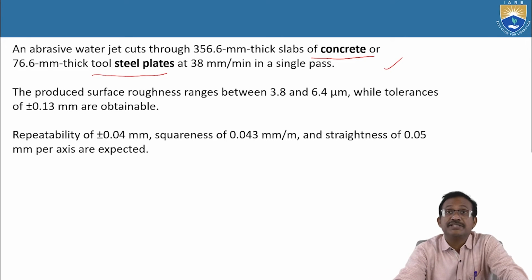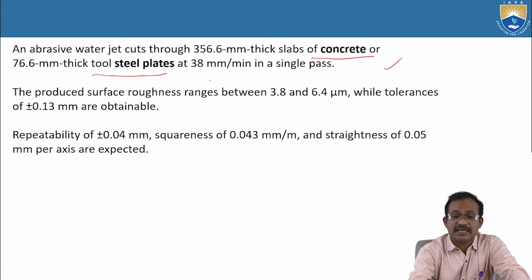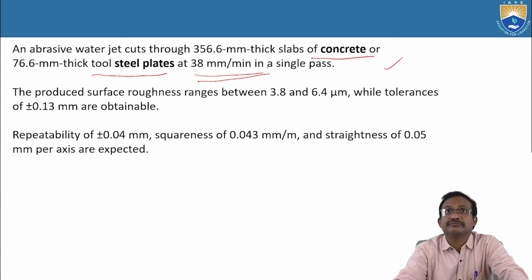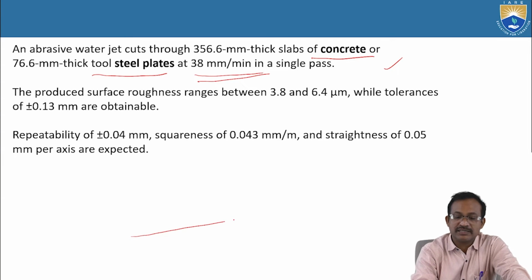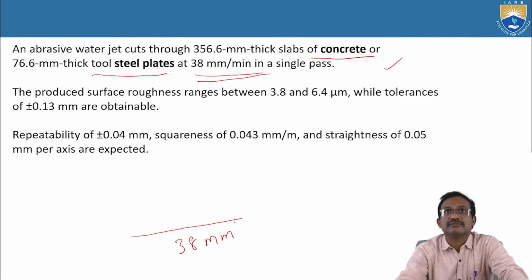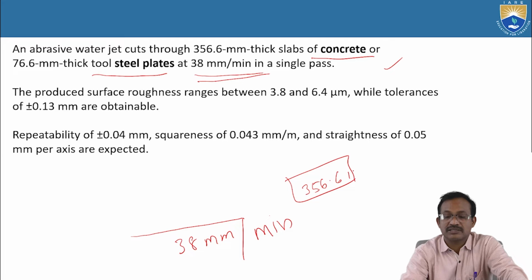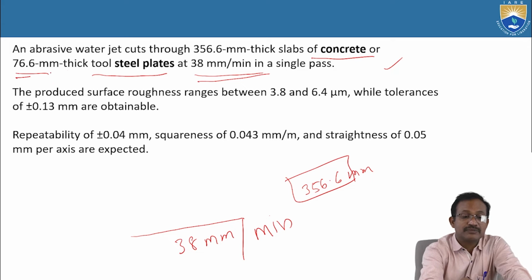This much thick, 356.6 mm, and speed is 38 millimeters per minute. In 1 minute, it cuts 38 millimeters. And the plate thickness is 356.6 millimeters thick of concrete. For tool steel, 76.6 mm.